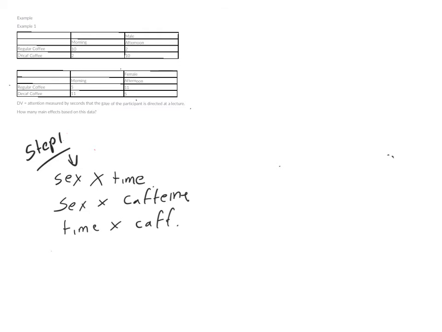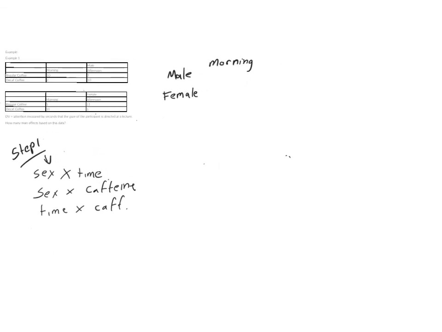So let me just go ahead and do that for the first one. So, okay, we have male, female, and we have time, morning. Okay, I'm running into the edge. Let me move this. And afternoon.